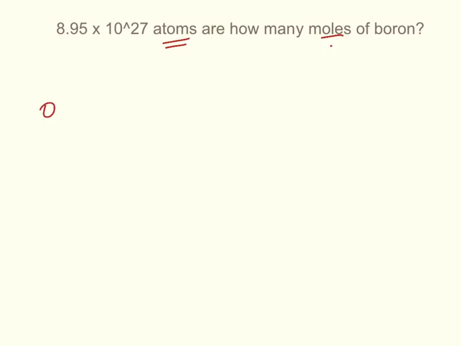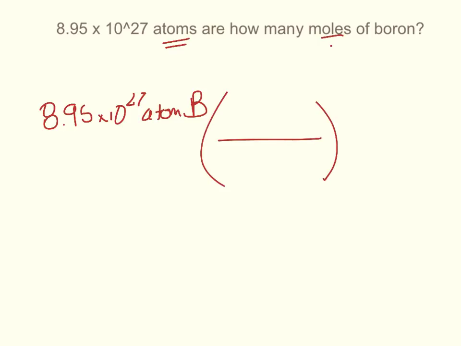So if I start with 8.95 times 10 to the 27th, and that's atoms, there's really no abbreviation for that, and we're dealing with boron. When I do my conversion, I'm going to start with atoms down here on the bottom because I want that to cancel.